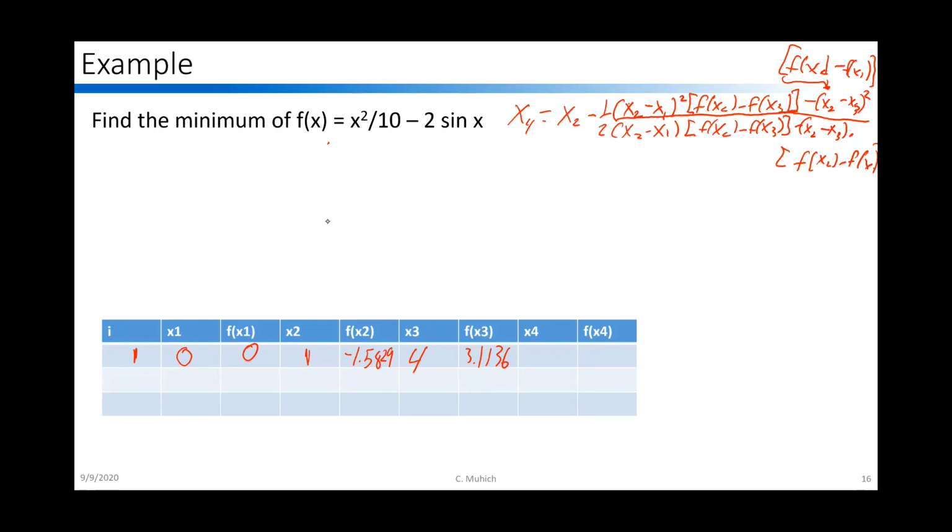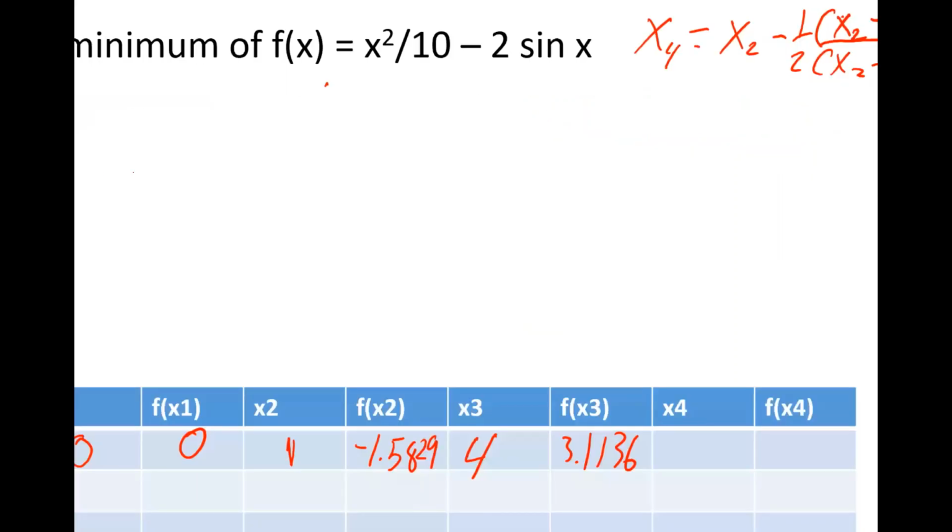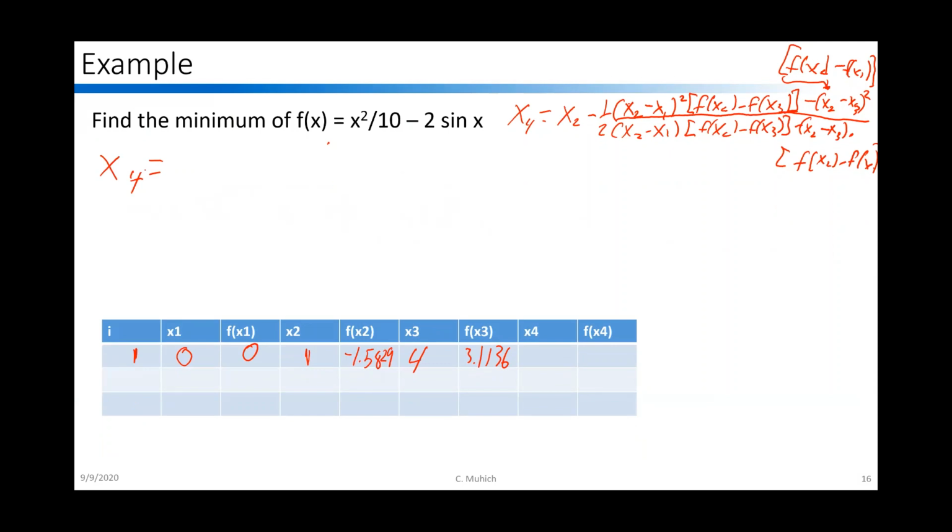Okay, so let's start in. We've got x4 equals x2. I'm going to come down to my x2 column. This is what's called for. So we have 1 minus 1/2.